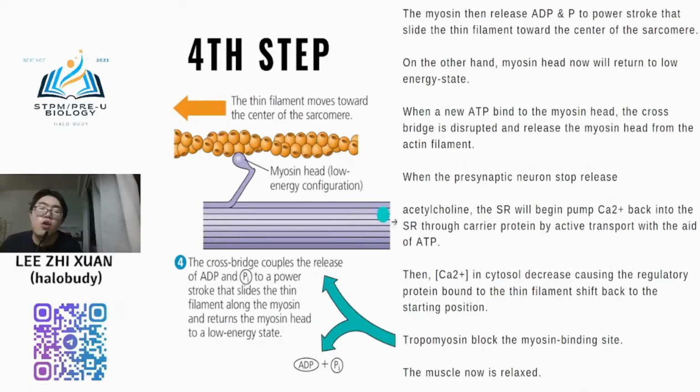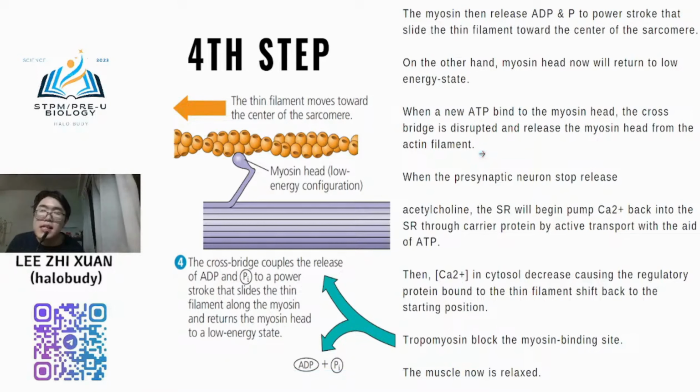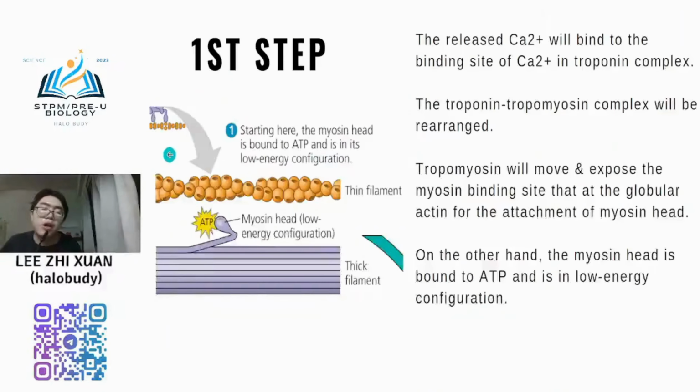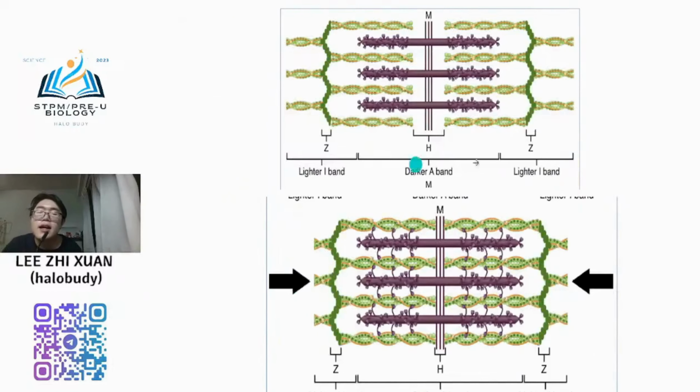Okay, so now the muscle is relaxed, and this process will be repeated again when the neurotransmitter, acetylcholine, is released from the presynaptic neuron, and the sarcoplasmic reticulum receives the calcium ion again. So the whole process will continue again. It will repeat once the calcium ion is released from the sarcoplasmic reticulum and binds to the troponin molecule. If not, then the muscle is in the relaxed position like this.